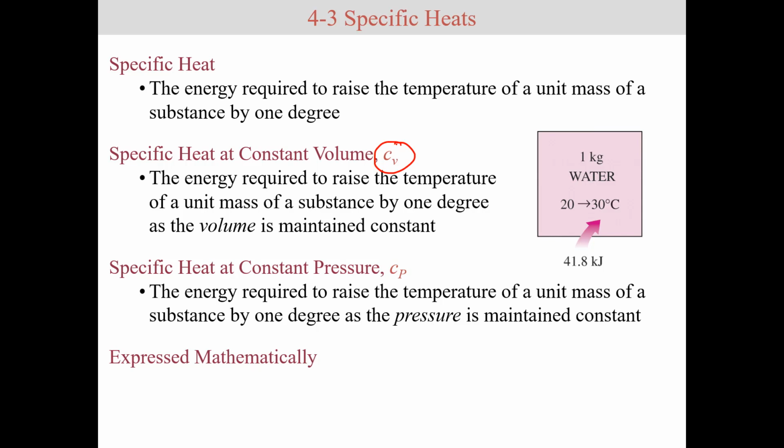And then there's also specific heat at constant pressure, which is the energy required to raise the temperature of a unit mass of a substance by 1 degree as the pressure is maintained constant. Right? They're not the same thing. They're both different numbers.